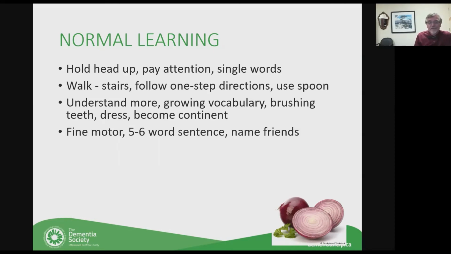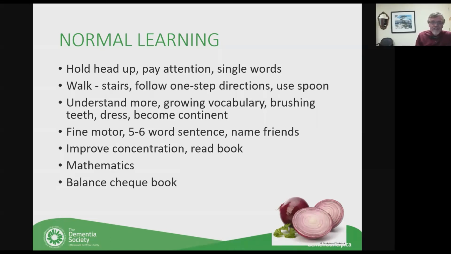Our fine motor skills get better and better. We can tie a bow tie. We can make 5 to 6 word sentences. We can name our friends now. It's not just boy and girl, right? They have names. We can improve concentration. Now we can read an entire book. And as I said, the mathematics side, right? We go from simple math to balancing a checkbook to managing a $60,000 budget.